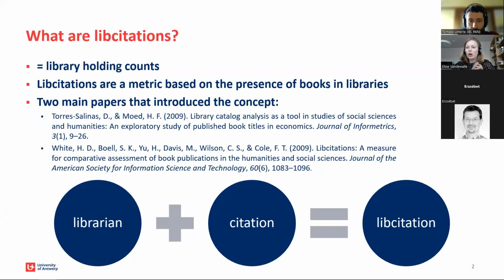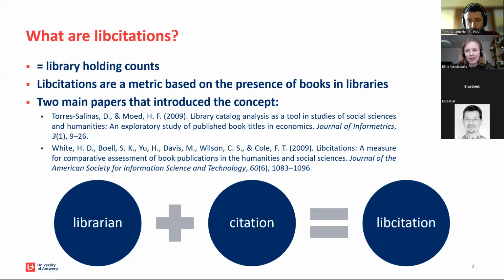But first of all, I will briefly explain what live citations are exactly, because you may not all be familiar with the concept. Basically, it's a metric from the bibliometrics community. It is also sometimes called library holding counts. For a book publication, we count how many times that book is present in different libraries of a library catalog.